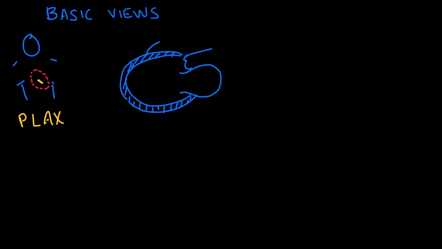And then the right ventricle up here. Let me label these. So you've got your left atrium, you've got your mitral valve leaflets, you've got your left ventricle, your aortic valve leaflets, and your aorta. And up here you've got your right ventricle.